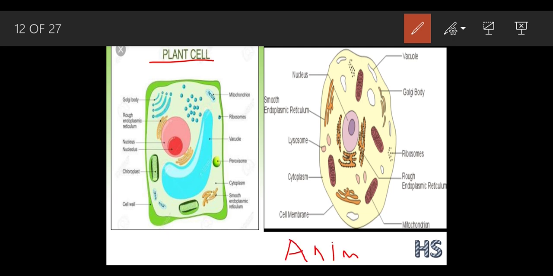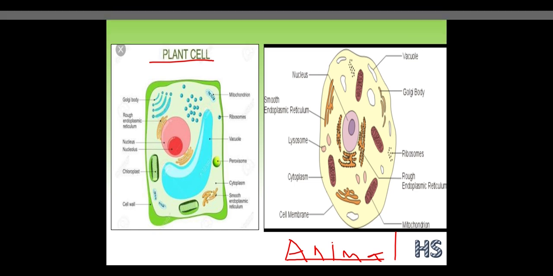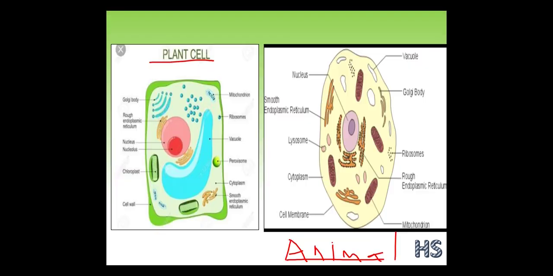We are going to distinguish between those, what is present inside a plant cell and what is not present inside a plant cell. So we can easily distinguish between these two. As of now you just have to look. Now we are going to start with each and every structure.